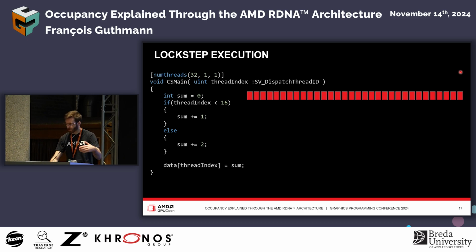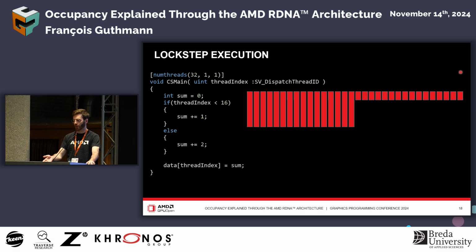And when we talk about lockstep, usually the first question that comes to mind is, yes, okay, but what happens when not all the threads want to take the same condition? Well, usually we represent it that way. Some threads are active, and some threads are made inactive through an execution mask. In practice, they just don't have any side effects, right?